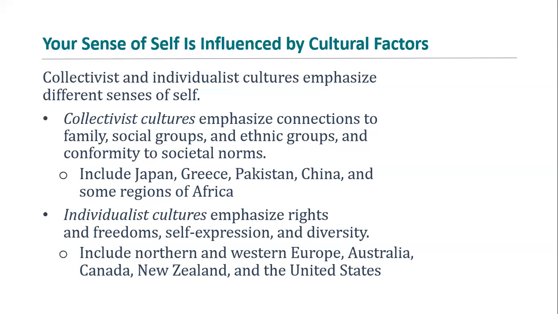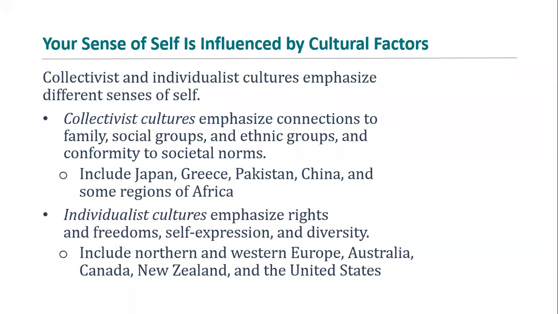People in collectivist cultures tend to value following group norms and obedience to authority figures. Whereas when we look at individualistic cultures, these cultures emphasize the rights, freedom, self-expression, and diversity. So the United States is most definitely an individualistic culture. People in individualistic cultures tend to emphasize individuality, freedom, and forms of expression.